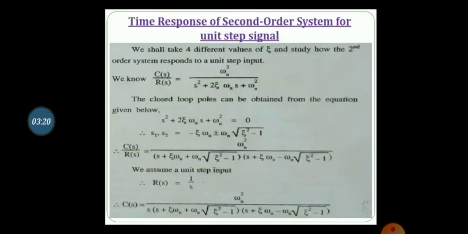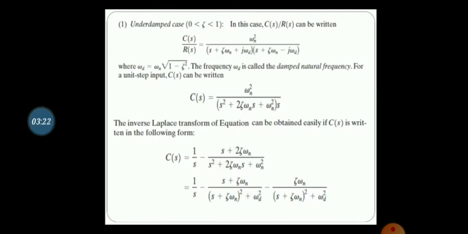Now we will discuss all the 4 cases here. The first case to be considered is the underdamped case. In the underdamped case, the condition is zeta greater than 0 and less than 1.